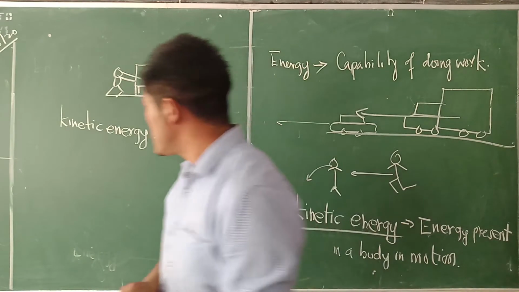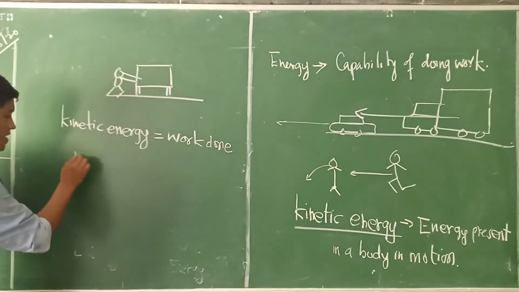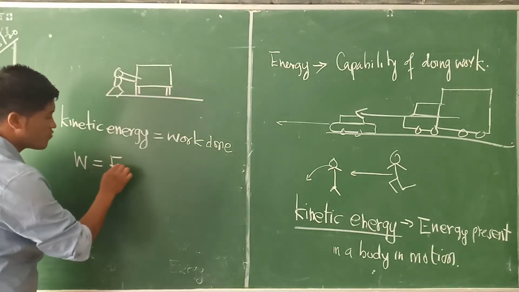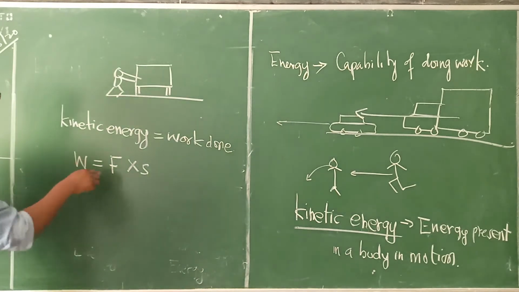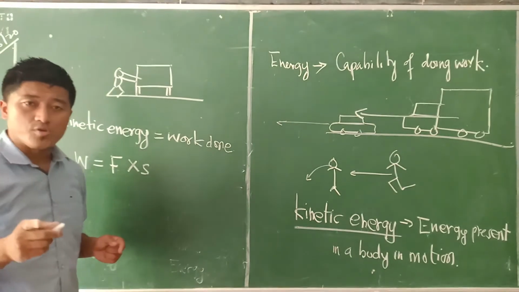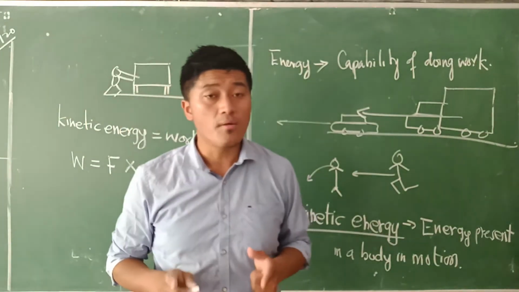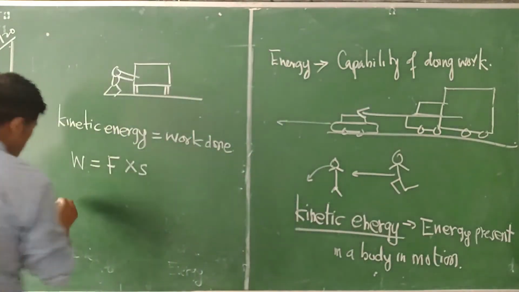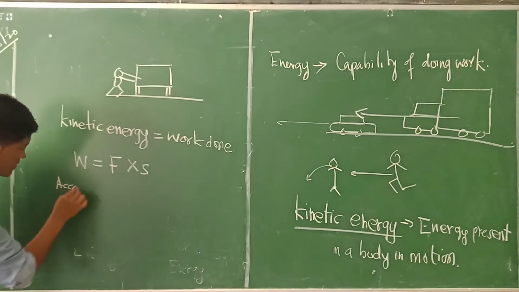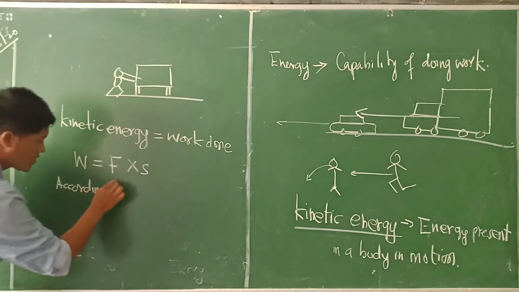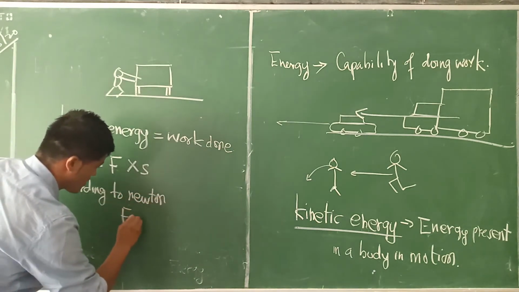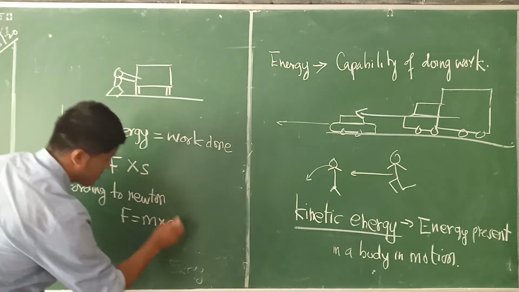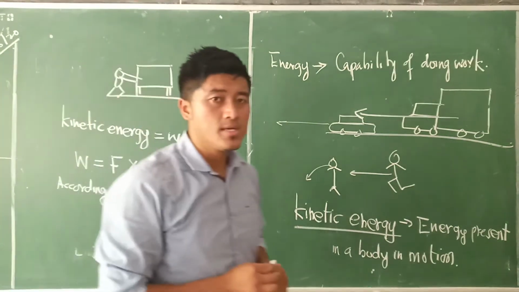Yes. So, we knew that work done is always equal to force into distance, that is, force into displacement. And according to Newton's second law of motion, we knew that force is equal to mass into acceleration. So we write it. Understand?